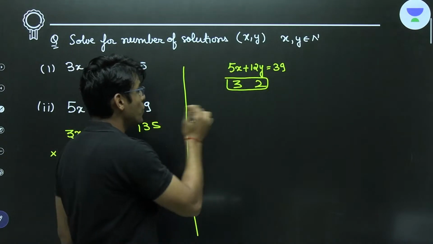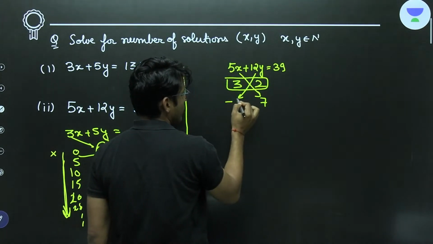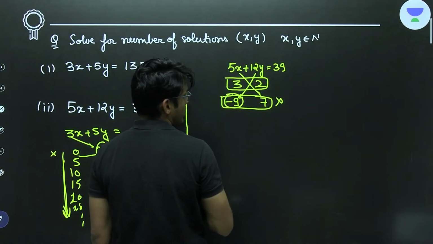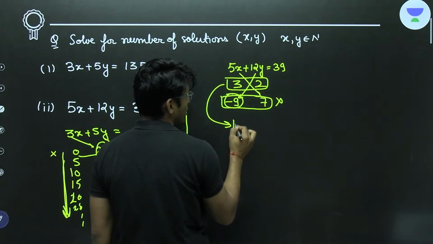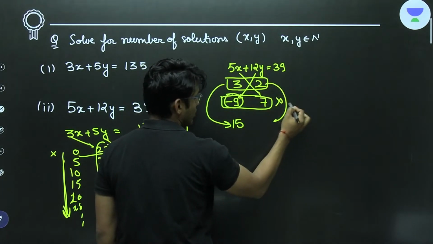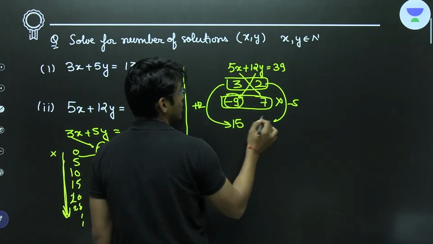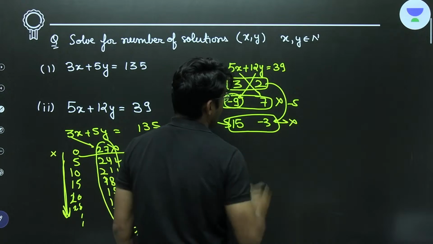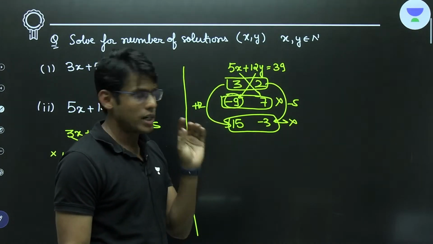Because if you add 5 here, you have to subtract 12 here. This is rejected since the x coordinate is negative. Now, if you add 12 here, you have to subtract 5 here. So, again, you are getting minus 3, which is again rejected. Are you getting my point?